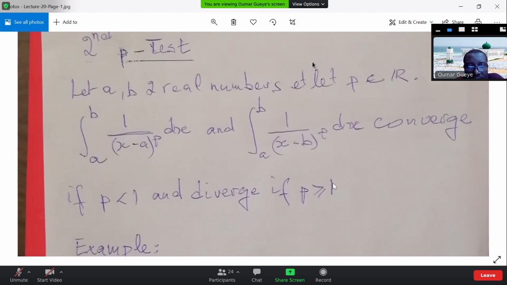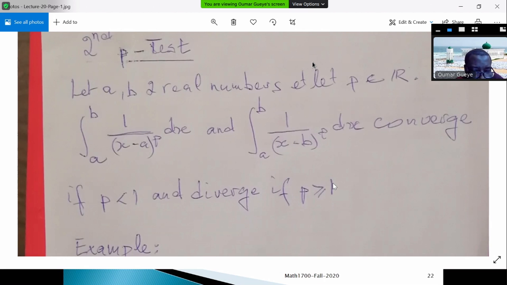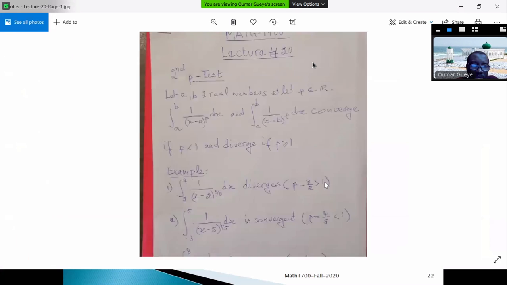It's a little bit similar to the first p-test that we've seen last week, but be careful, they are different. For the first p-test, the convergence is obtained for values of p greater than 1, the opposite of what we have here. In this case, we have convergence when p is less than 1. I'm just going to give you some examples to see exactly what I'm saying.